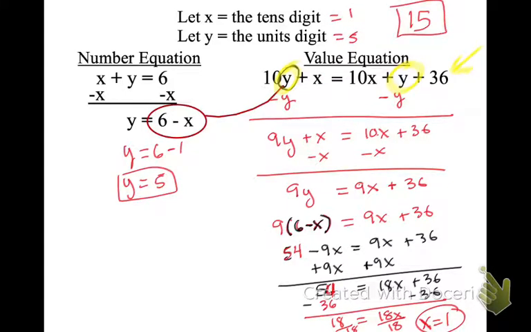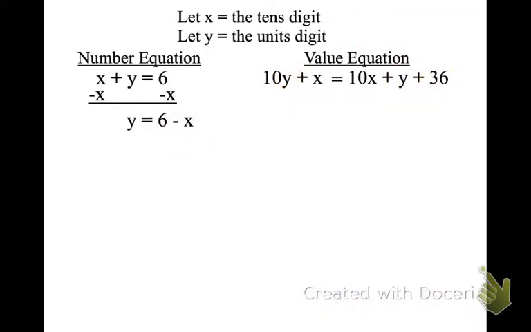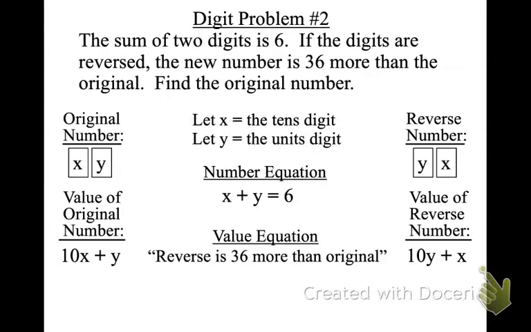If you have reversed numbers, you might be confusing something. If you end up getting x equals 5 and y equals 1, then one thing that could be happening is right here, when you're building this, oops, let me go back one. If you ended up getting that the answer is 51, then you're probably putting the original value here.